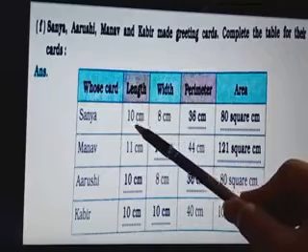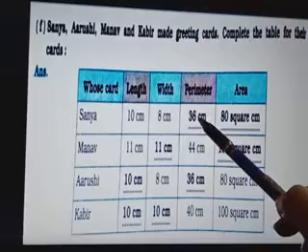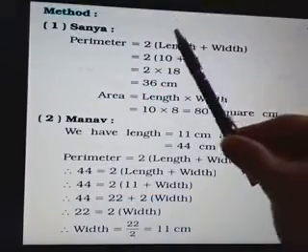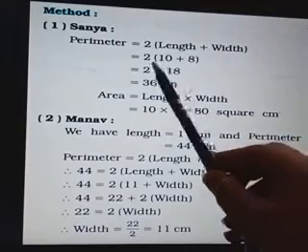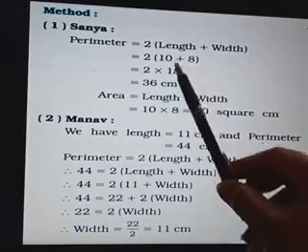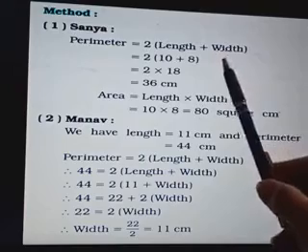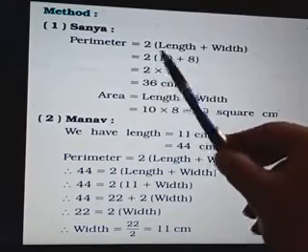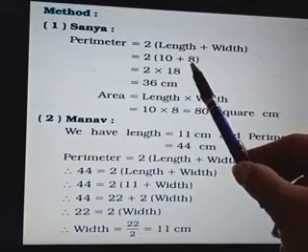So length is 10 centimeter and width is 8 centimeter. We have to find the perimeter as well as its area. So let's see the perimeter formula, 2 into bracket length plus width, because length and width are different. It means it must be of rectangle shape. So we will keep the formula for perimeter of rectangle. 2 as it is, instead of length we will keep 10 and instead of width we will keep 8.